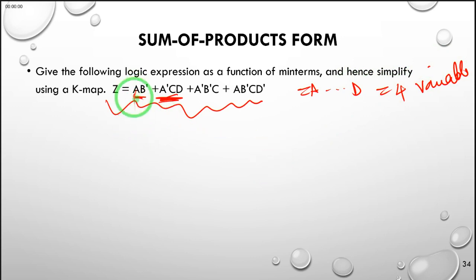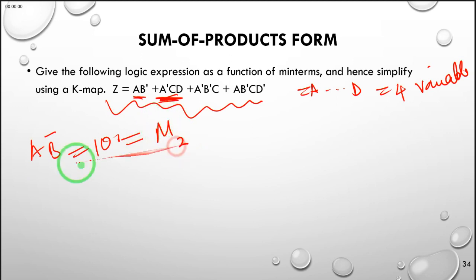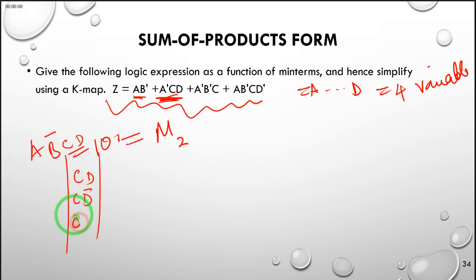Number two, if that be the case, you cannot say that A bar represents 0 or 1, 0, and therefore say this is mean term 2. What you need to do is to consider what the other variables C and D could be. As we noted earlier, CD can represent 4 other possible states like CD, CD bar, C bar D, and C bar D bar.